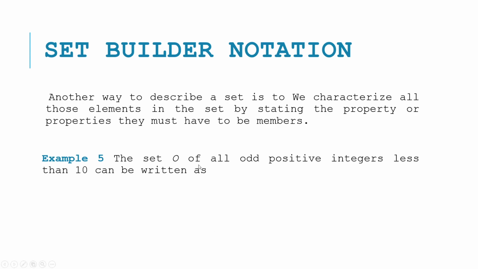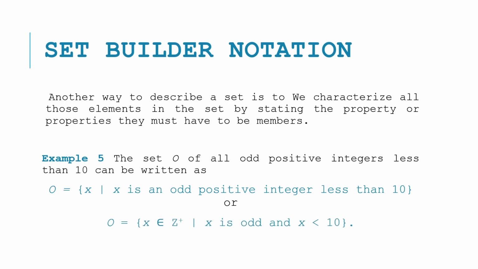Now the set O of all positive integers less than 10 can be written as O is equal to the set of X such that X is an odd positive integer less than 10, or O is the set X that is an element of the set of positive integers such that X is odd and X is less than 10.